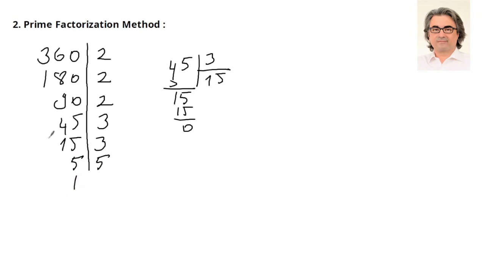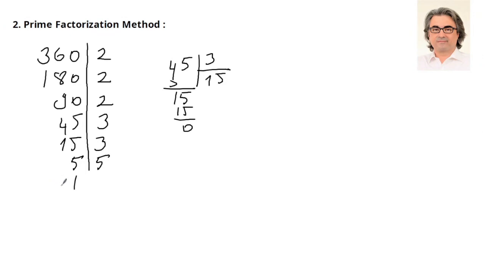Now, our aim here is to reach 1 by dividing with prime numbers. I should reach 1. When you reach 1, the process is over.